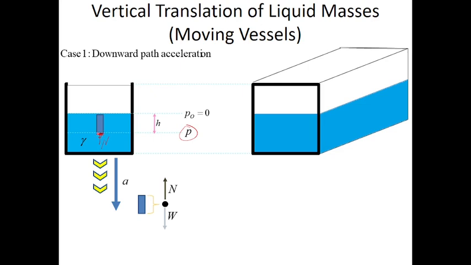Pag normal, perpendicular, di ba? Kaya nga normal force, perpendicular sa surface. Kasi may liquid dito sa ilalim at nag-exert yun ng normal force dito sa part na to, pag kinonsider natin yung strip na yan.